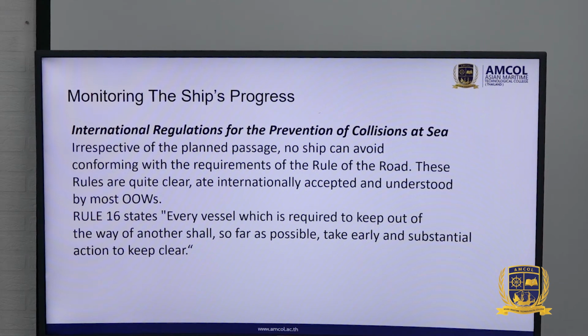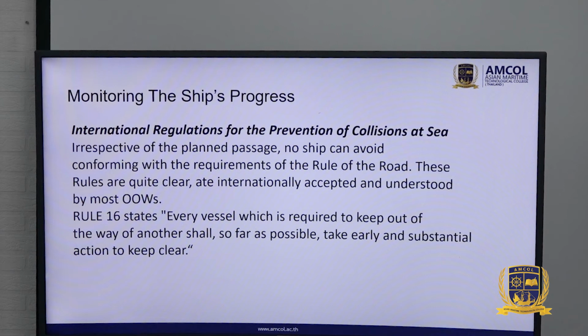Very, very important during your passage is compliance with the collision regulations to prevent any accidents at sea. At all times, the officer of the watch should comply with the prevention of collision regulations and have a good understanding of these regulations.